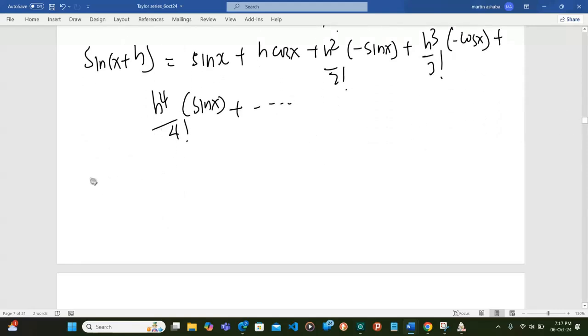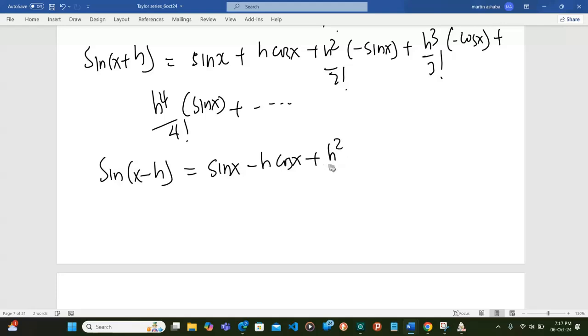Now, what if we have sine of x minus h? What is this going to be? This is also going to be sine x, now minus h cos x. Wherever there is h, put negative h now. So plus, if you have negative h squared, it remains h squared divided by 2 factorial, then into negative sine x.